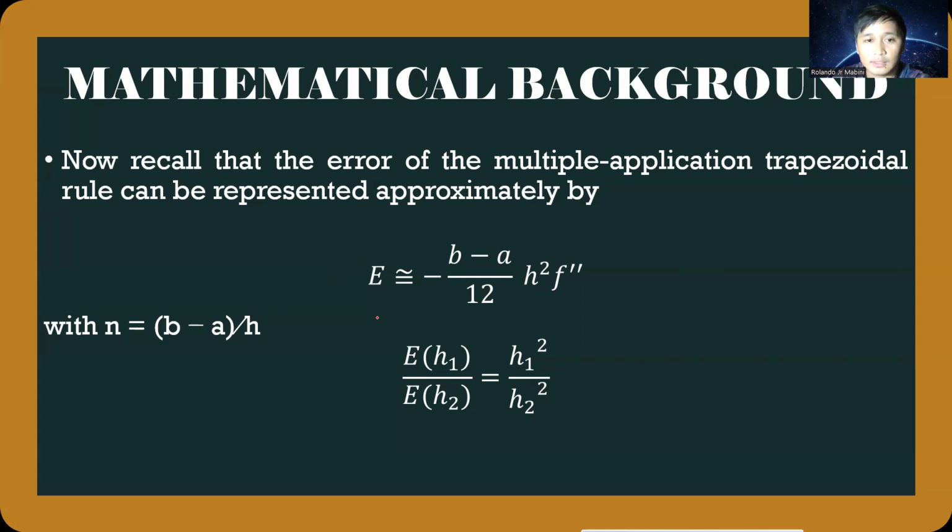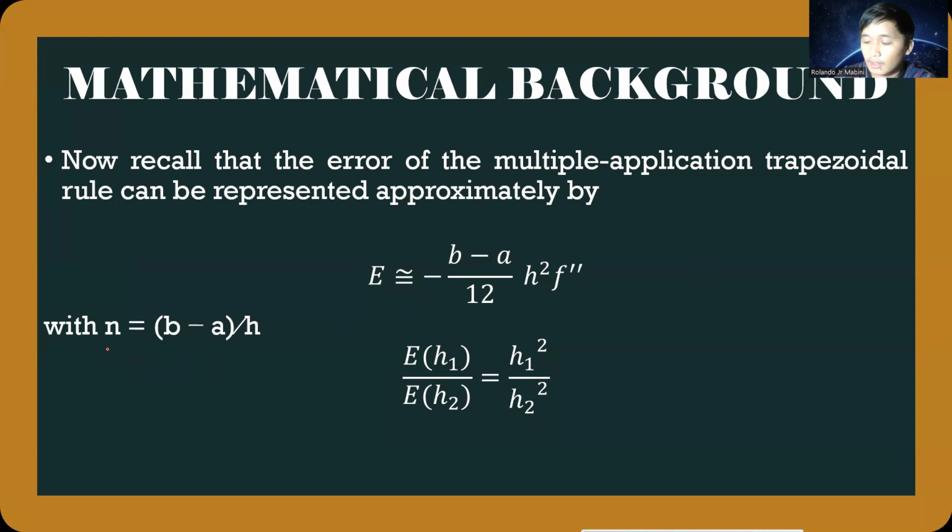This will be discussed by Engineer Acohido and Engineer Alvarez. So this is taken from still the book given to us by Stephen Chapra, with n is equal to (b minus a) over h.